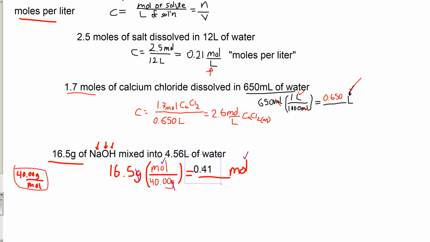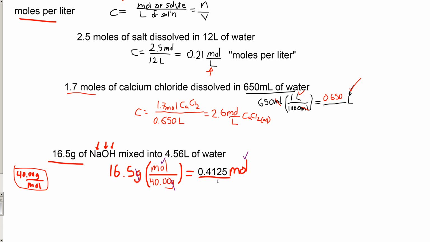0.4125 moles. And if you end up with a number that has way more decimals in this step, remember, the only time you ever round a number is at the very end. So I know that we have 3 sig digs from here, and we have 3 sig digs from here, and you're like, well, why isn't it 0.413? Because we're not done the question yet.